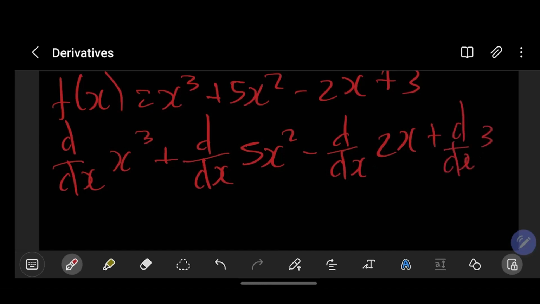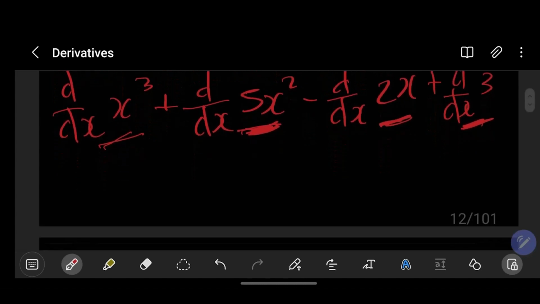Okay, now we can use the power rule here. We can use the constant multiplication rule here and the power rule. Once again, the constant multiplication, the power rule, and here we can use the constant rule. Okay, so quite a nice example, has quite a lot of the other rules in it.